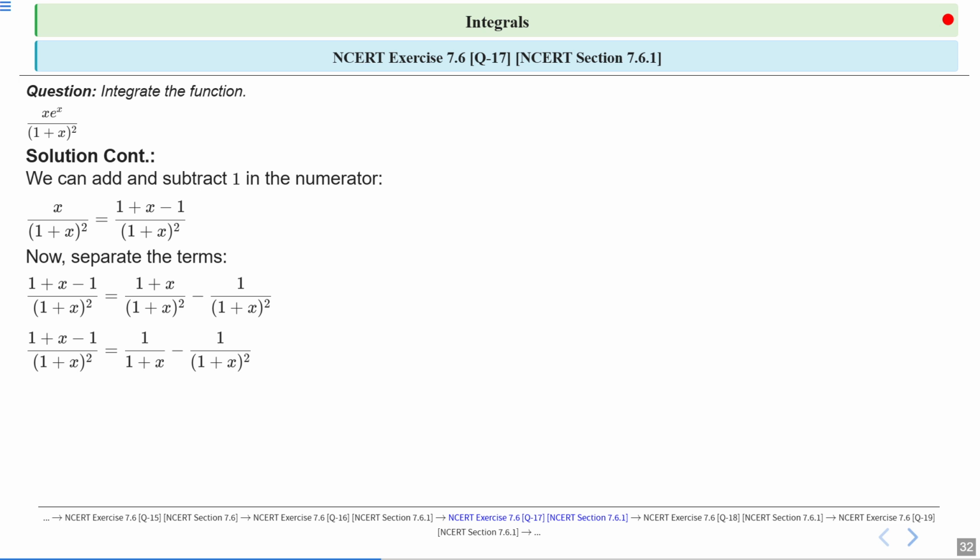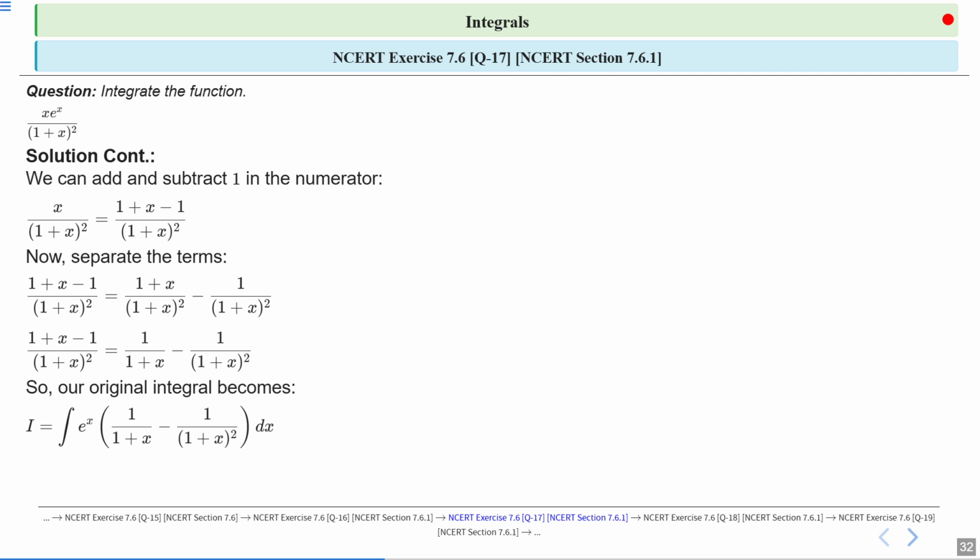Cancel out 1 plus x in the numerator and denominator in the first term. We get 1 by (1 plus x) minus 1 by (1 plus x) whole square. So our original integral becomes integration of e^x into [1 by (1 plus x) minus 1 by (1 plus x) whole square] dx.